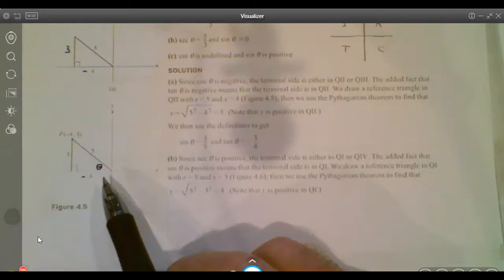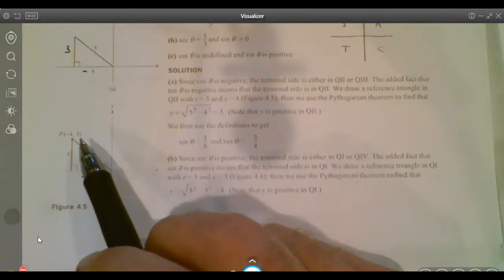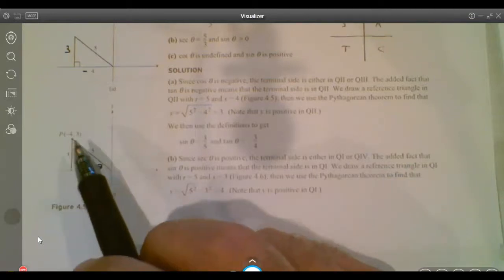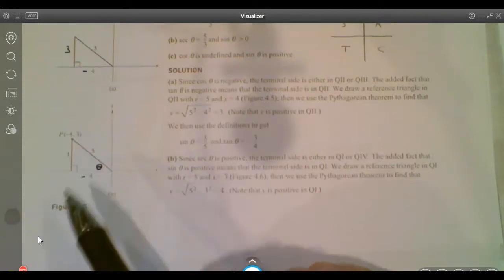So I know that the sine of my angle here is opposite over hypotenuse, or 3 over 5, but I can also look at it as the y-coordinate over the radius, right, and get 3 over 5 that way. I can get tangent by doing opposite over adjacent, or, remember we said on the last one, it's also the same thing as y over x. So if I just have a point, I can see it as the y-coordinate over the x-coordinate.